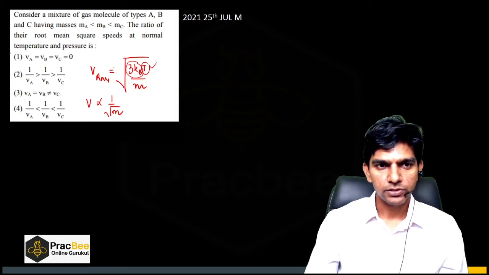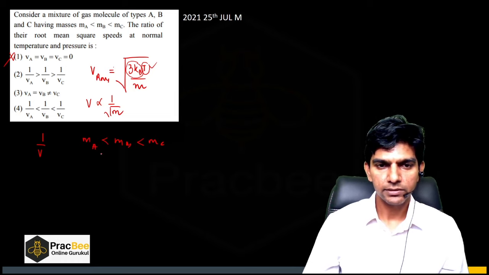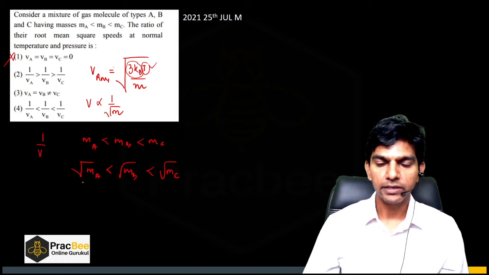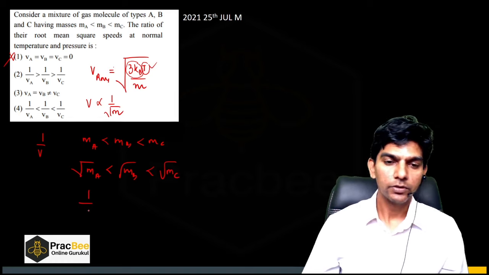So RMS velocities are not equal, right? They will be different. So we have MA is less than MB is less than MC. So we can say the square root of MA will be less than square root of MB will be less than square root of MC. And if I take the reciprocals of this, the inequality sign will reverse.